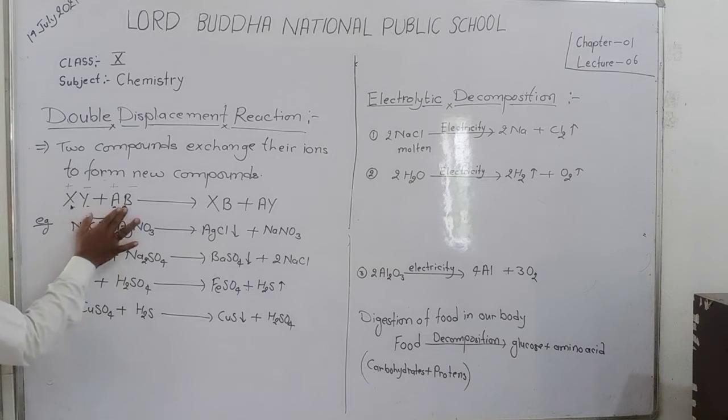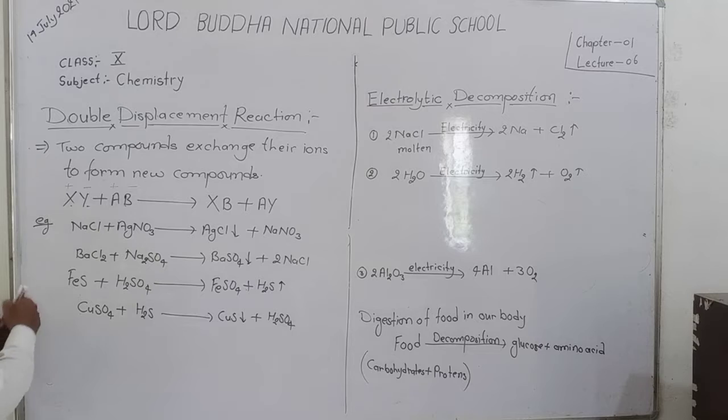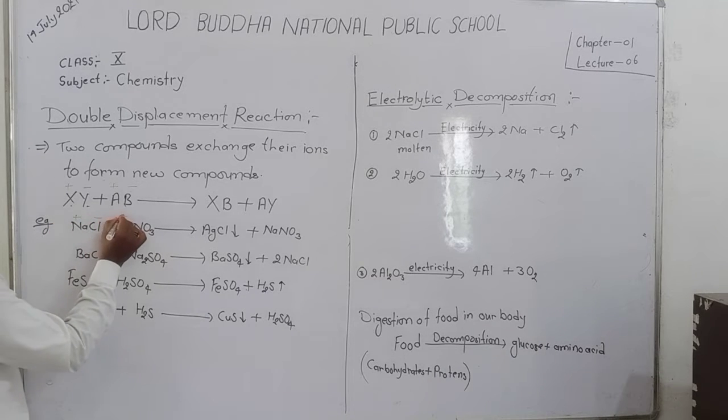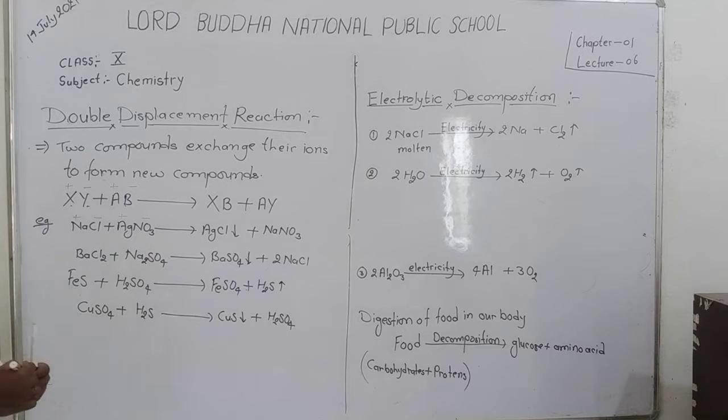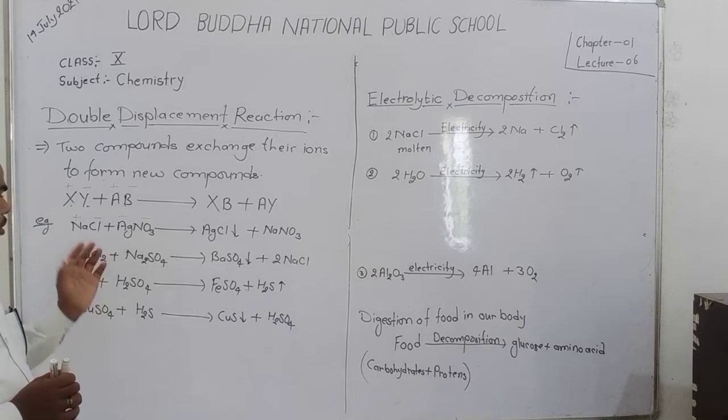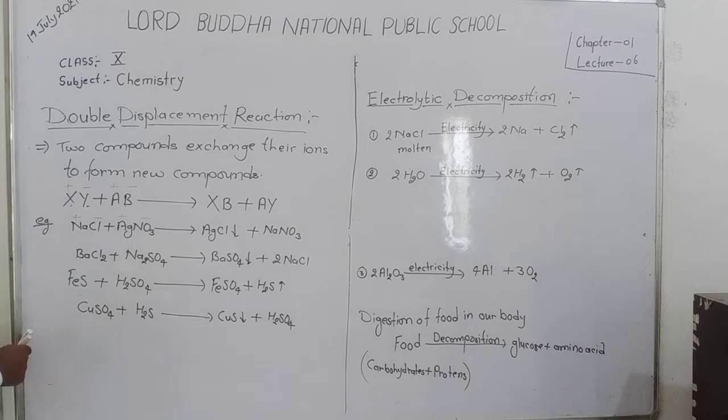Okay, student. Now let us discuss an example. For example, here NaCl, Na has a positive charge, Cl has a negative charge, Ag has a positive charge, NO3 has a negative charge. I think you understand which ions exchange between the two compounds.